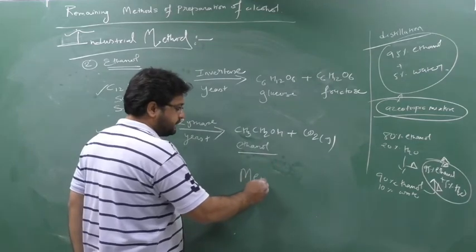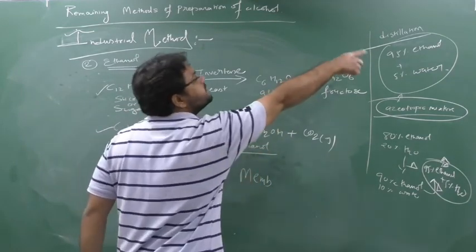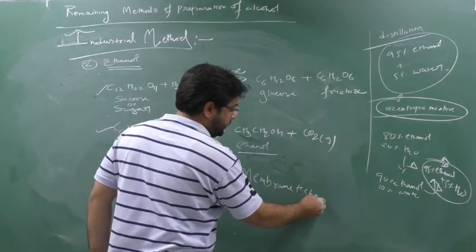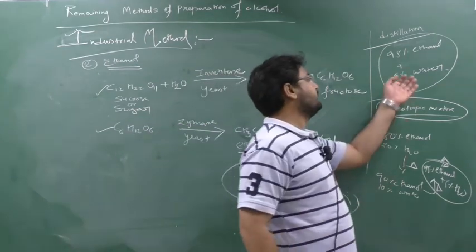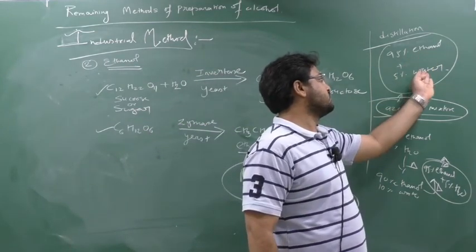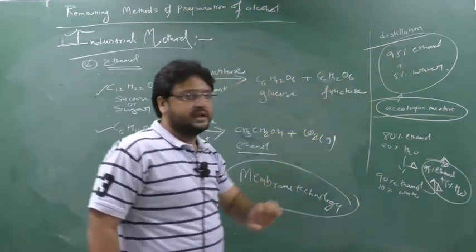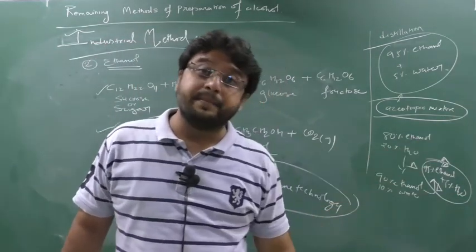So 99.9% ethanol can be obtained from this mixture by membrane technology, but I cannot obtain it by distillation, because on further distillation this will also vaporize. So what I will do is take this mixture, 95% ethanol and 5% water, and subject it to membrane technology.